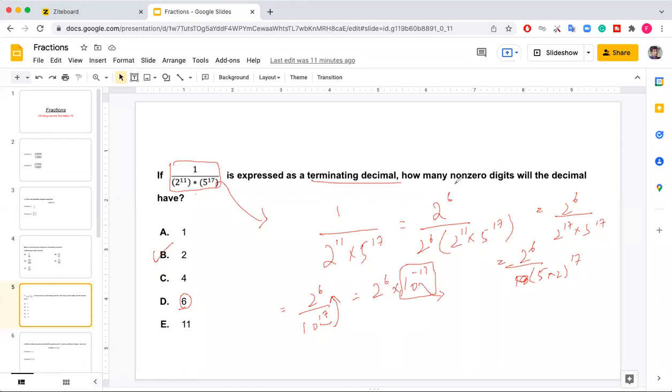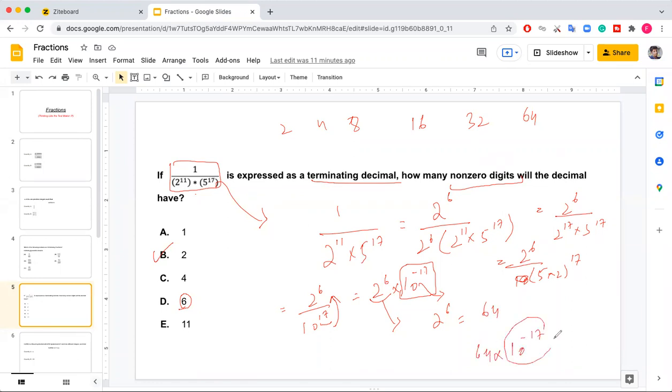The question is saying how many non-zero digits. So what is the possible value for 2 power 6? What is 2 power 6? This must be on your fingertips now. 2, 4, 8, 16, 32, 64. You must know at least up to 2 power 6. 64, right? So the result is 64 into 10 power minus 17.